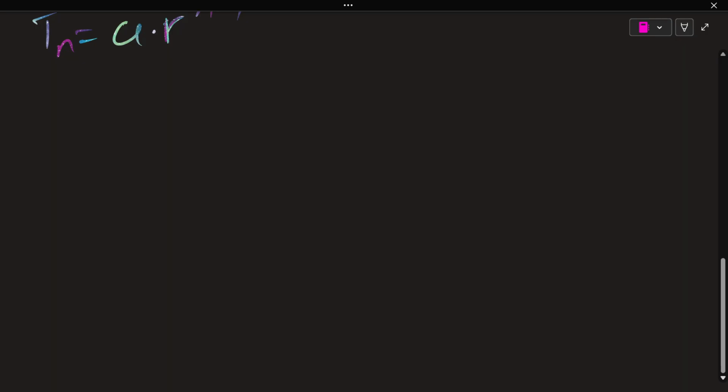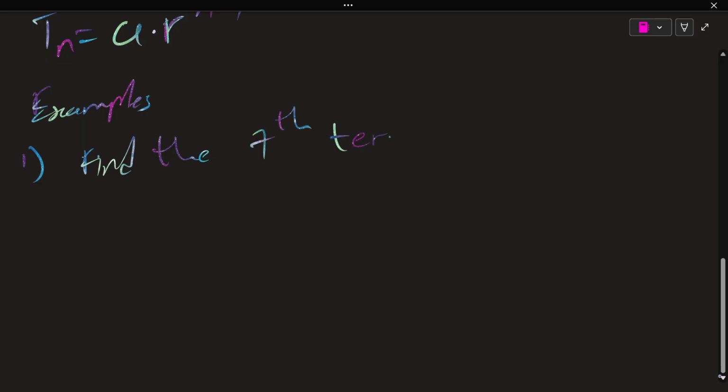The first example: let's say we need to find the seventh term of the sequence 3, 6, 12, and so on.